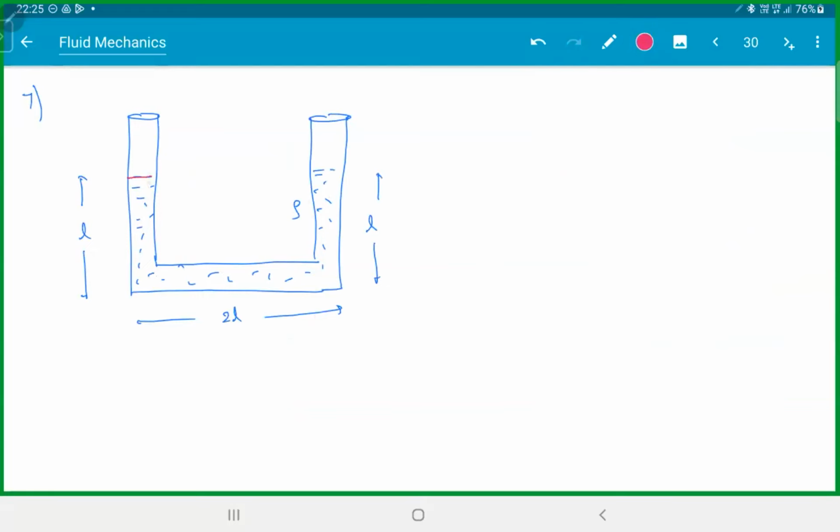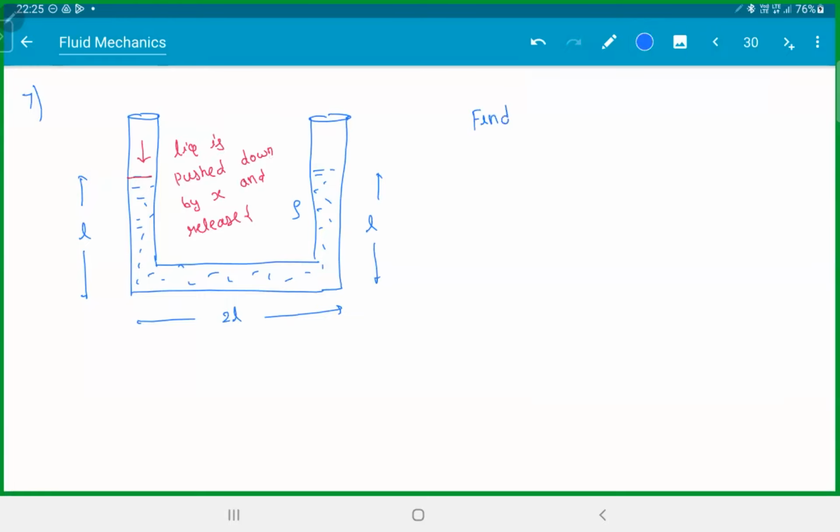Someone pushed this liquid by X down, and released. What will happen if you push the liquid on one side and leave it? It oscillates up and down. Find the time period of oscillations.